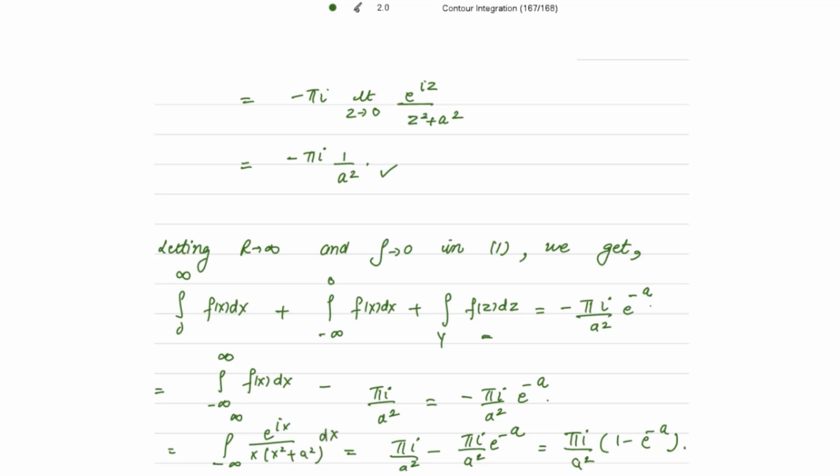So just simply equating the imaginary parts, right? e to the power iota x is cos of x plus iota sine of x. If I equate the imaginary parts, I have sine of x in the numerator.